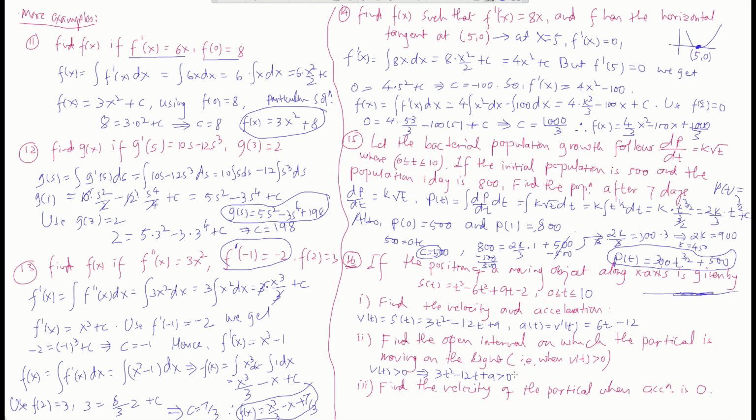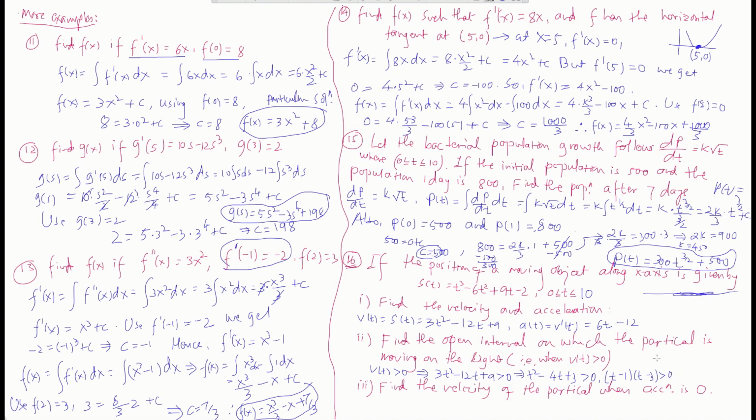Let's divide by 3. What do you get? You get t squared minus 4t plus 3 positive. So can you get factors? Yes, you're right. So t minus 1 and then t minus 3 is positive.